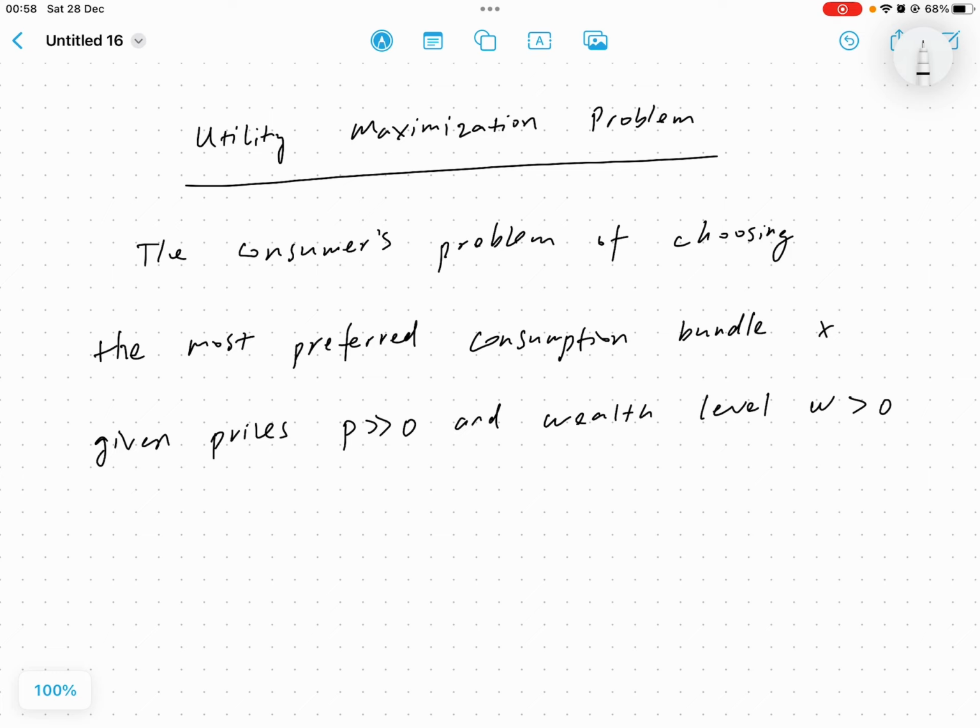So the consumer's problem of choosing the most preferred consumption bundle x, given the positive prices P and wealth level W to be positive, can be formalized by a utility maximization problem. So this is UMP in short.